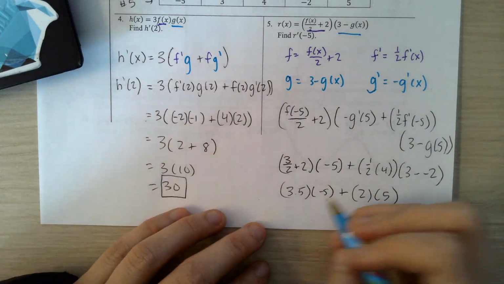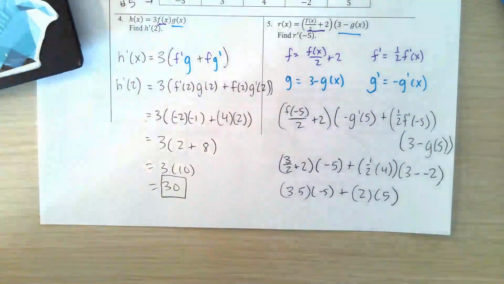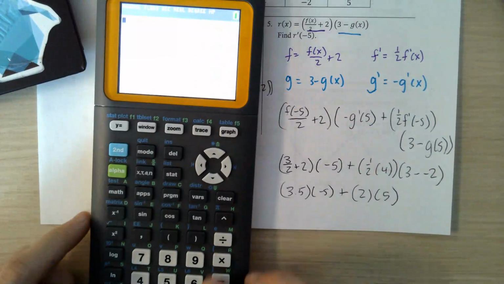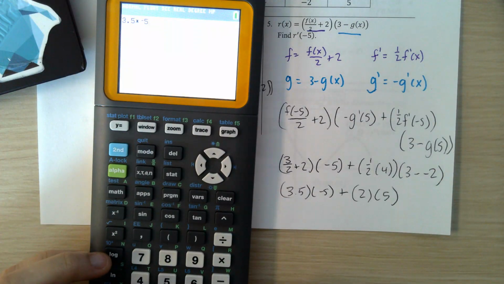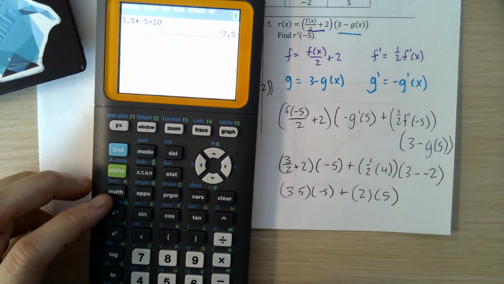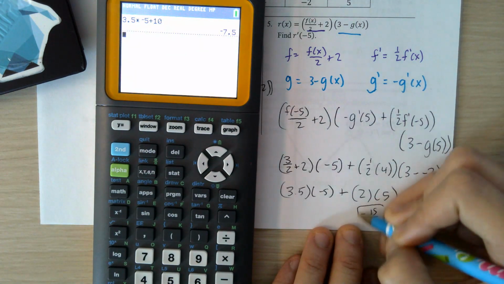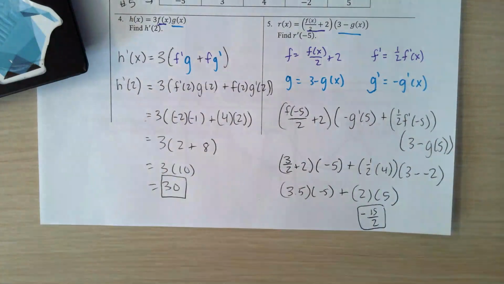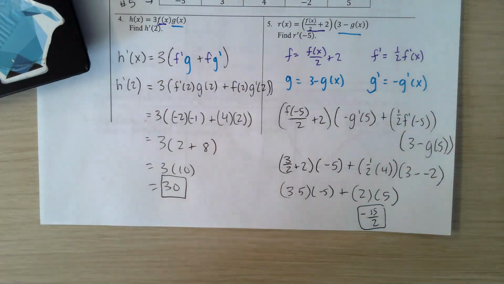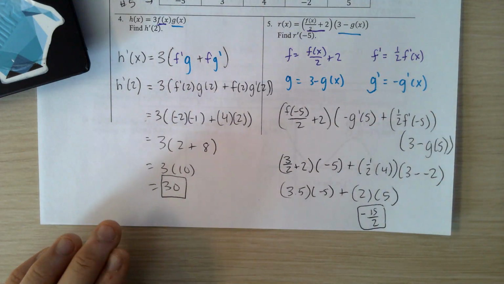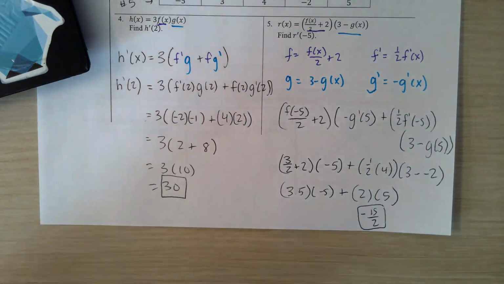And then, what is this? I'm just going to use my calculator. Negative 7.5, so negative 15 over 2. Okay, so it definitely seems complicated, but as long as you know the product rule, you should be able to do these types of problems.